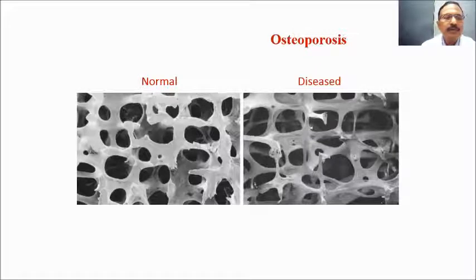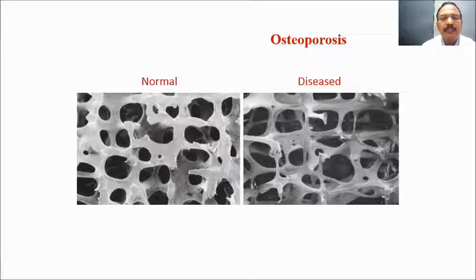Normally there is a balance between bone formation and bone resorption, but when bone resorption becomes higher than bone formation, it ends up like this. You can see in this picture the bony trabeculae are very thin and degenerated. Usually it is present in ladies above 50 years, after menopause, because of the decline of estrogen hormone.